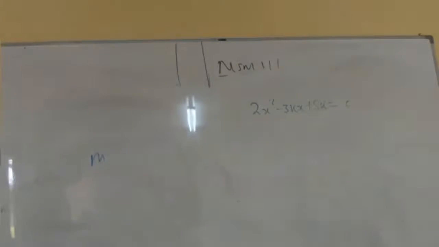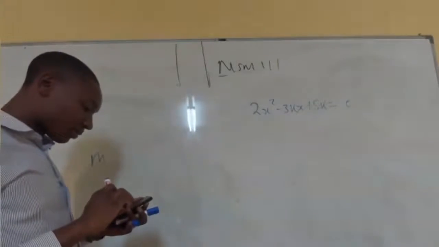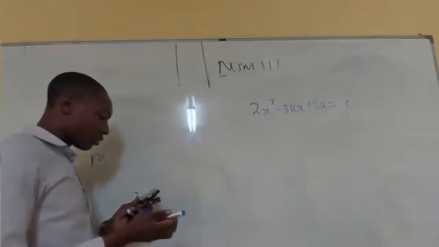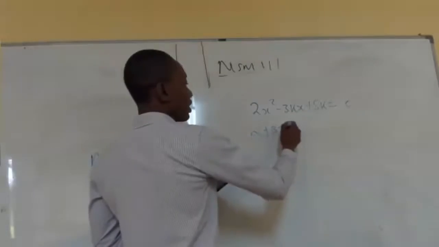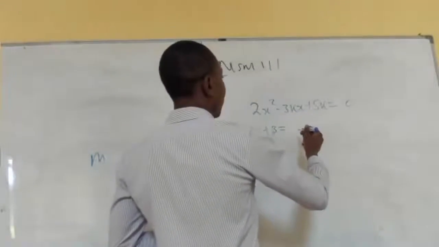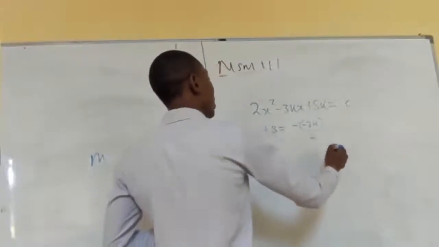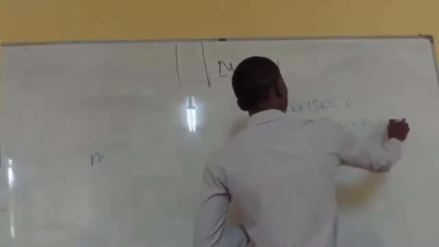So we need to identify our A, B, and C. Alright, so from this we have the sum of the roots, alpha plus beta, which is negative 3k over 2, and the product of the roots, c over a, which is 5k over 2.